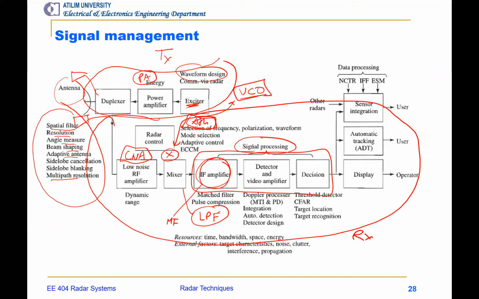The modular radar we used in the laboratory. And then we look at the output of the LPF using a spectrum analyzer. Now, in reality, of course, we got IF amplifier, detector, decision stage, and then display. So all these functions are performed automatically.